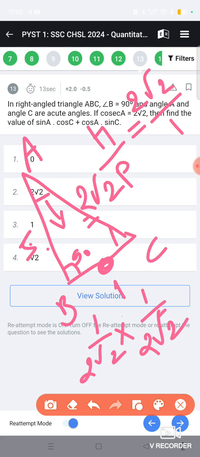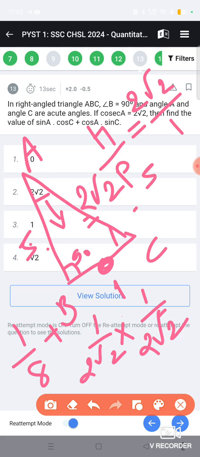Okay, then 1 by 2 into 2, that is 4 into 2, that is 8. 1 by 8 plus cos A, means base by hypotenuse.